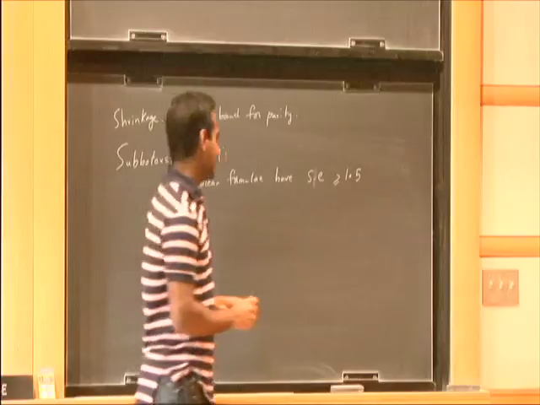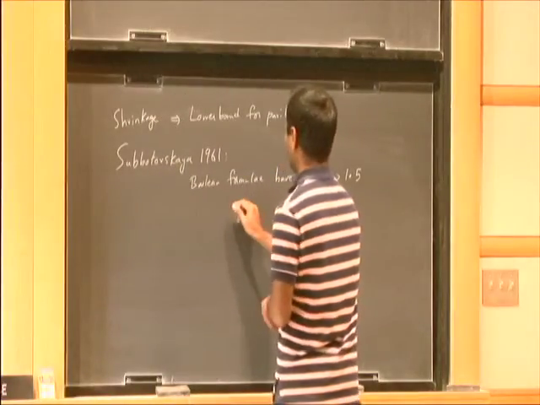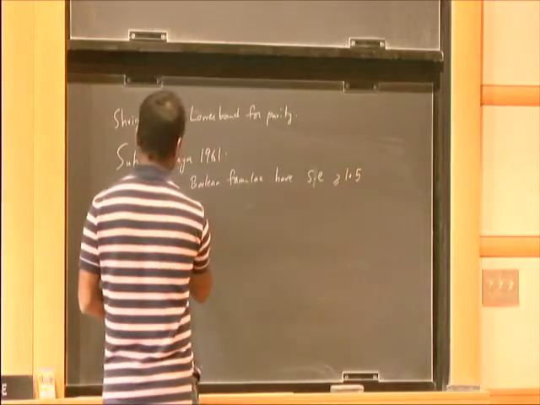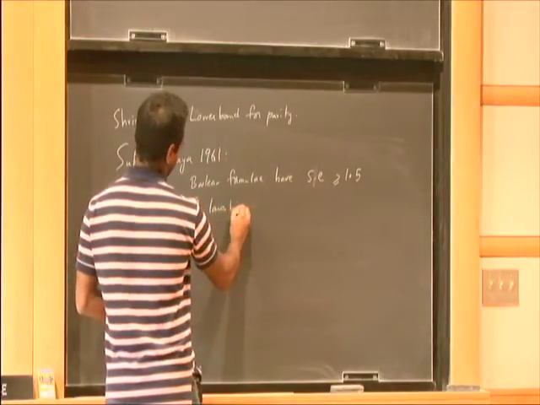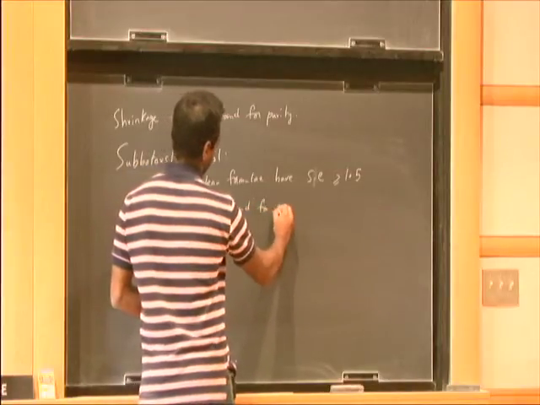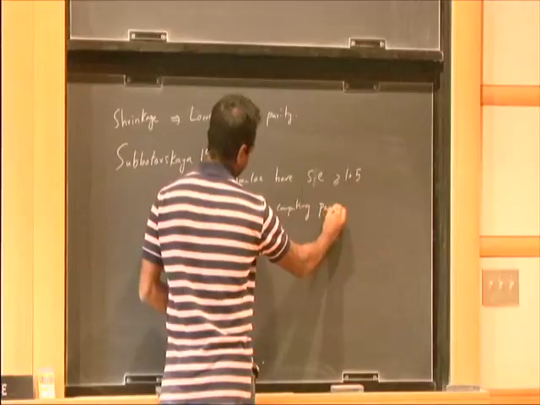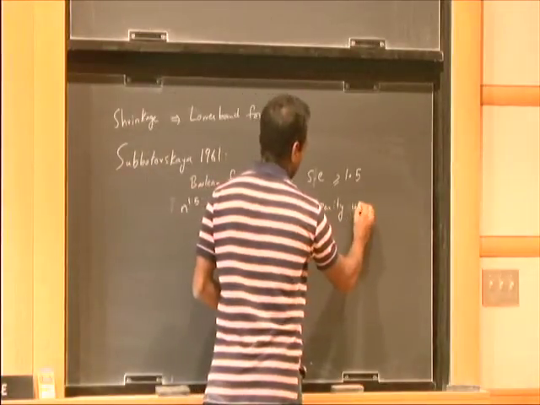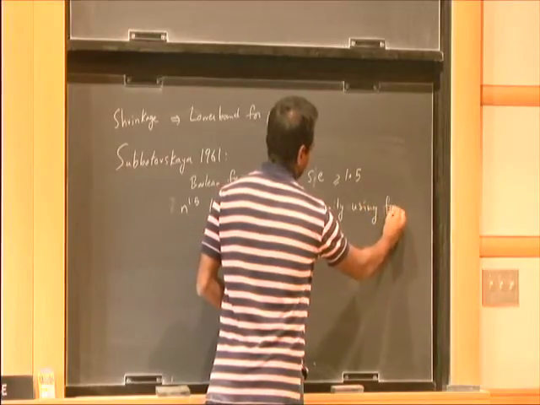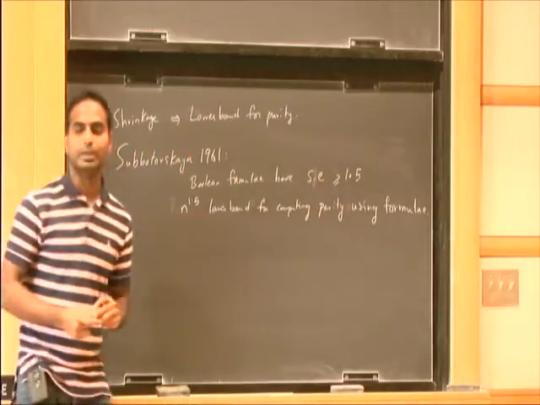And as a corollary, she gave an n to the 1.5 lower bound for computing parity using formulae.